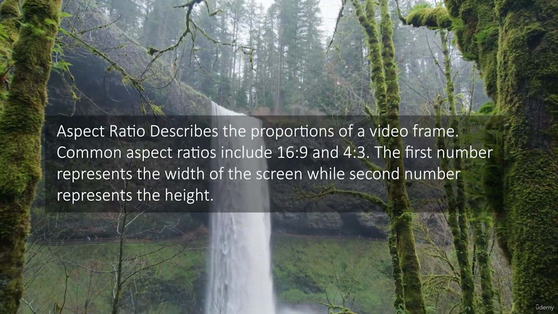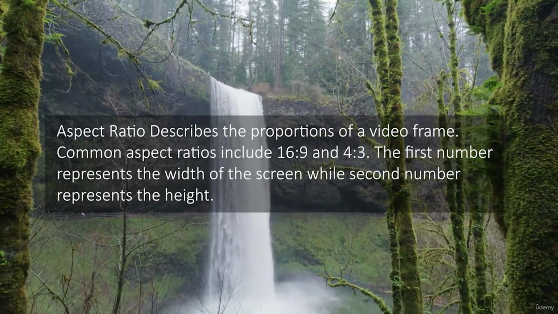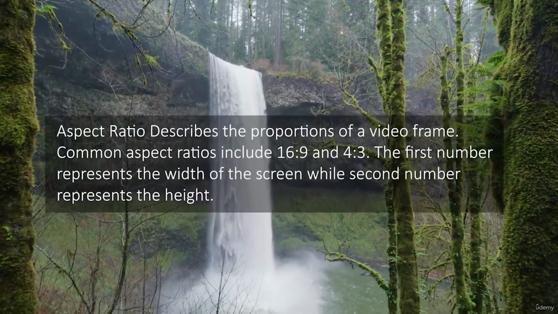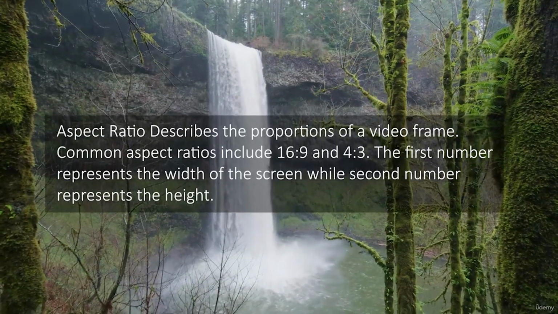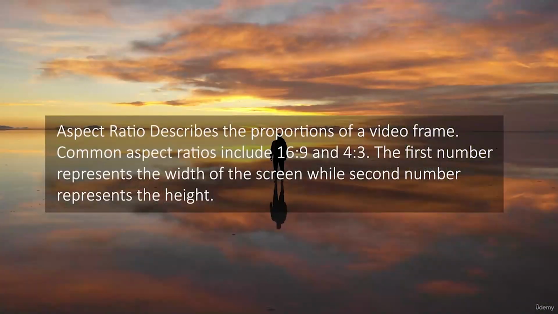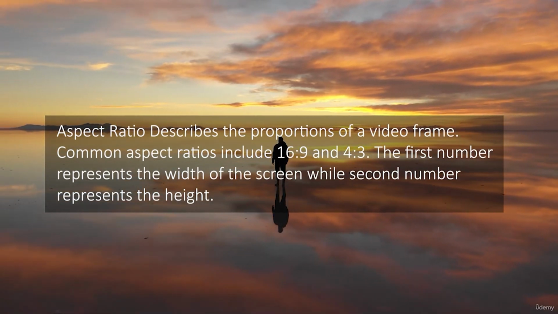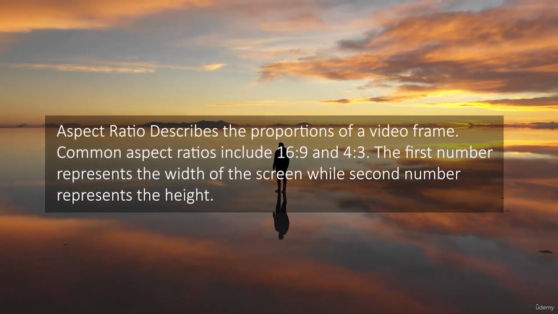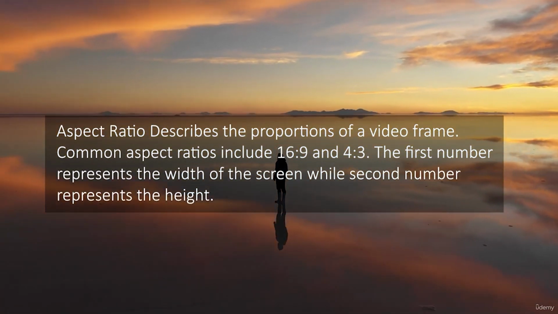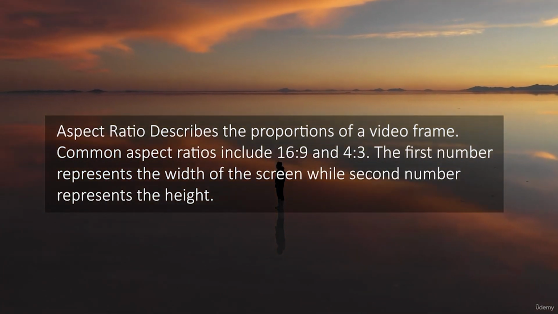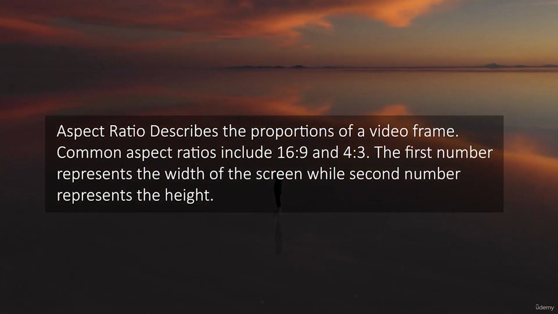Common aspect ratio includes 16:9, which is 720p and 1080p. The first number represents the width of the frame, while the second number represents the height. So, in 16:9, 16 represents the width of the frame and 9 represents the height of the frame.